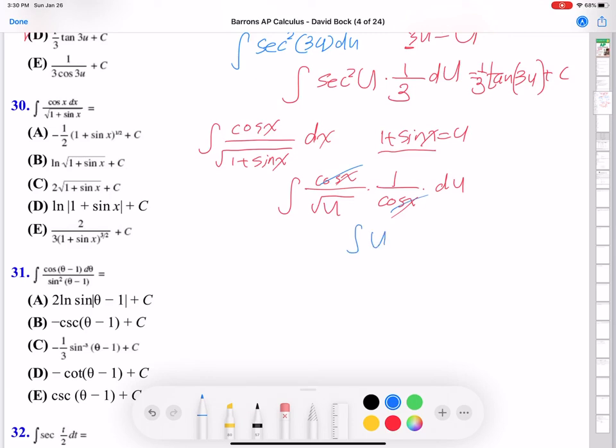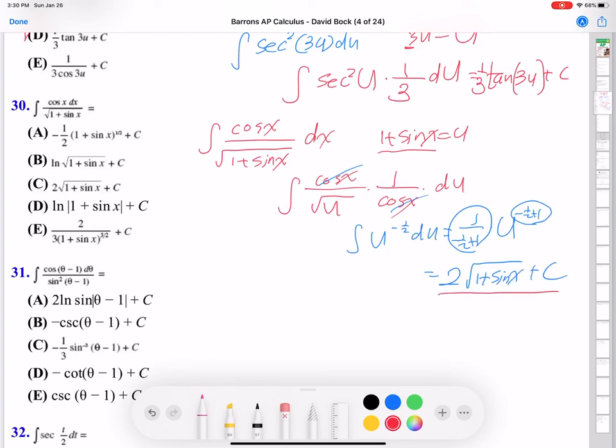Integral u to the negative 1/2 du, right? By the power rule, 1 over n plus 1 times u to the n plus 1 power. That is 1 over 1/2, 2 times square root u, because there's a positive 1/2 power, right? What was u? The u part was 1 plus sine x. Plus c, 2 times radical 1 plus sine x plus c.